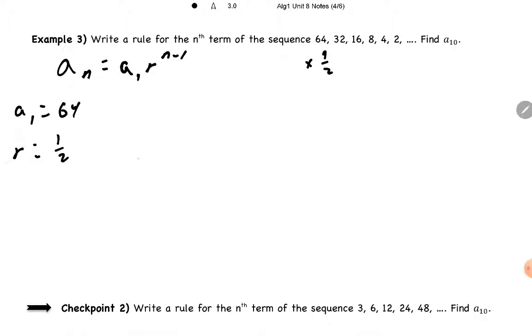Our r value is 1/2, so we plug everything into the equation. A sub n equals a1, which is 64. Make sure you put parentheses for r because the 1/2 has the exponent. The r value has the exponent. So that is my rule.